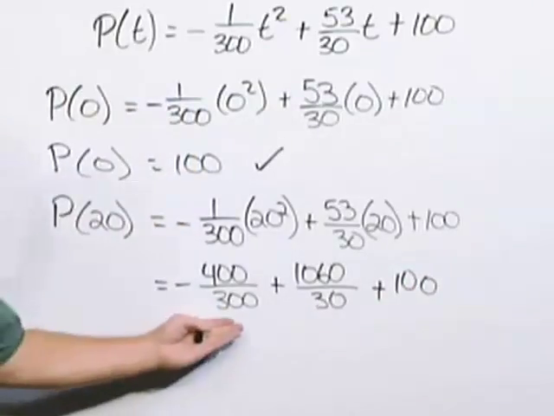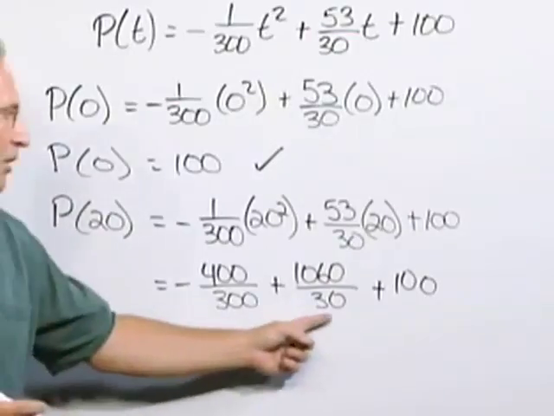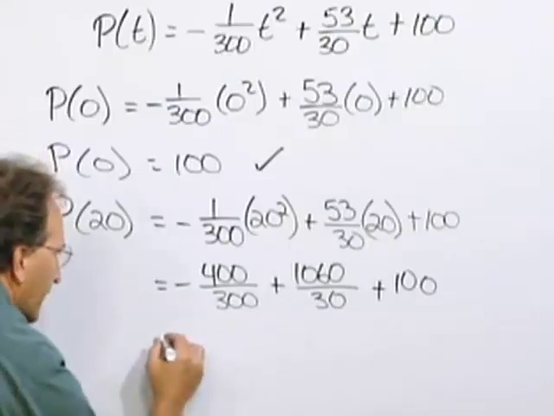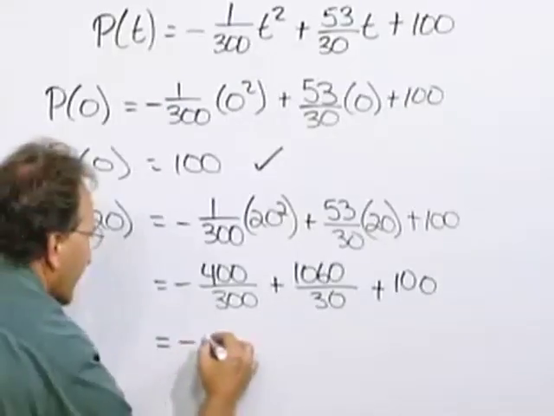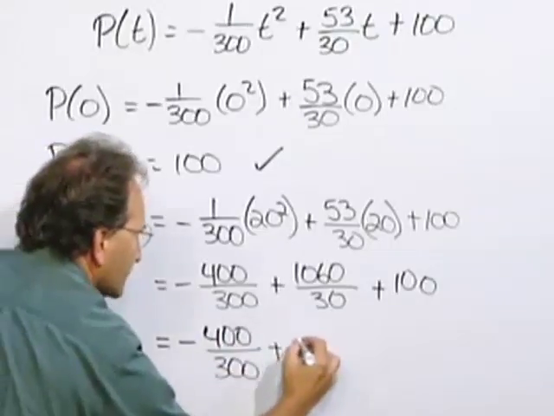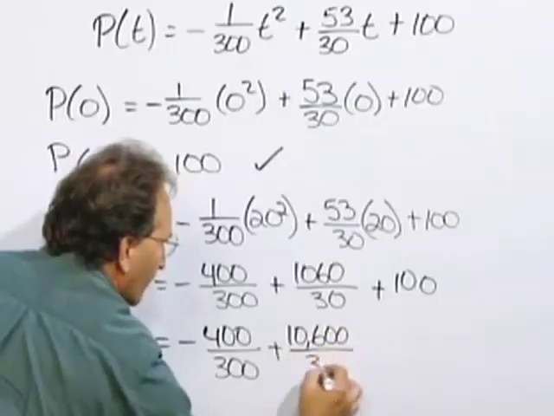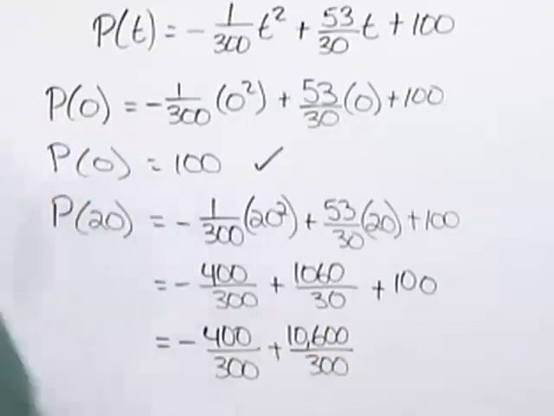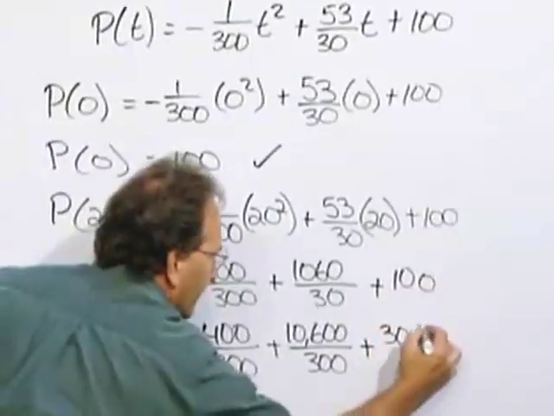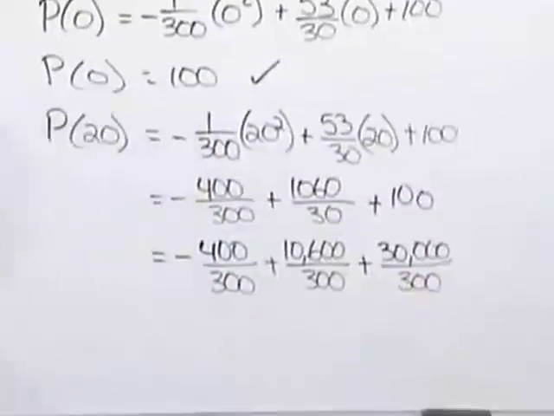In order to do this calculation, we need to have the same denominator for all three terms. So what we can do is make it all 300, and that would give us negative 400 over 300 plus 10,600 over 300 plus, multiplying that by 300, we get 30,000 over 300.